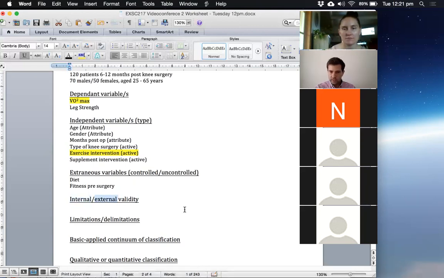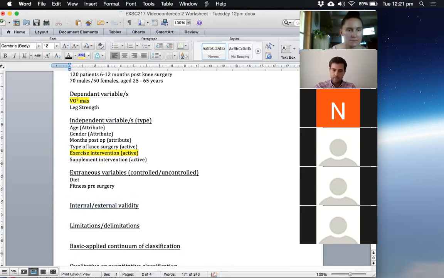Jess, I noticed you put down genetics in there. Yeah, definitely. And that's one of the things with studying human participants, that there is going to be an almost endless list of extraneous variables. So genetics, background, behaviors, attitudes, all of those things are going to influence our end results.